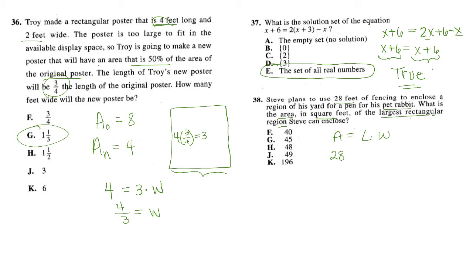So let's see, we have a perimeter that would be 2 length plus 2 width. So if we reduce all that down by 2, I know 14 is length plus width. And so we need to find the largest area we can enclose.